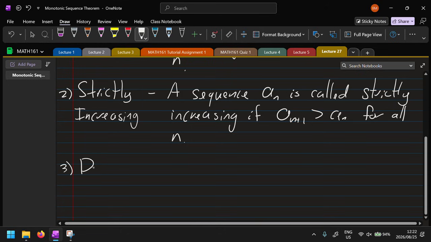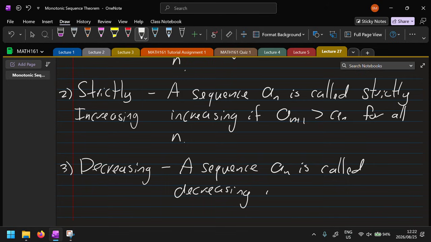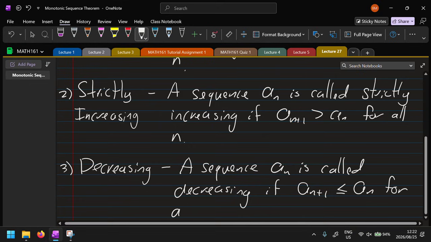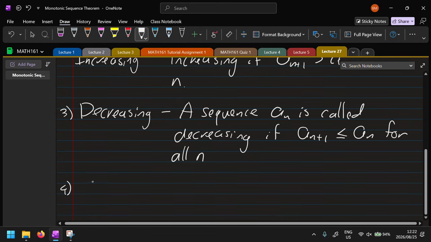Number three, decreasing. A sequence a_n is called decreasing if a_(n+1) is less than or equal to a_n. So the next term is smaller than or equal to the previous term. Then number four, strictly decreasing. You can guess what that means.